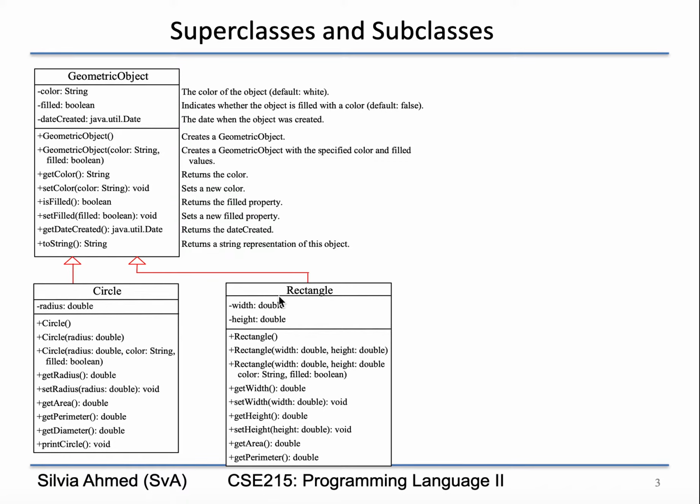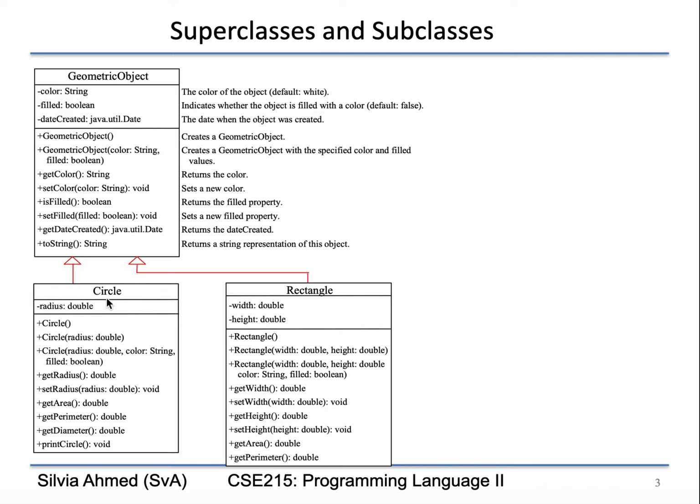This is known as inheritance, which is a relationship between two classes where the base class is known as the superclass. In the superclass, we put all our common code, common attributes, and common methods, and the classes which extend that superclass are known as subclasses or child classes.